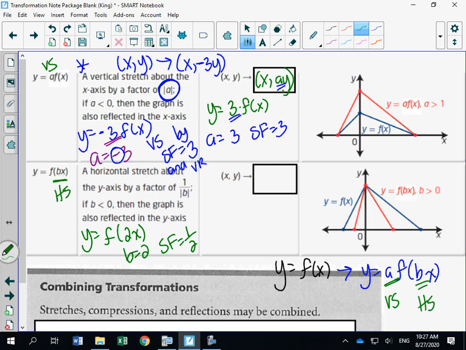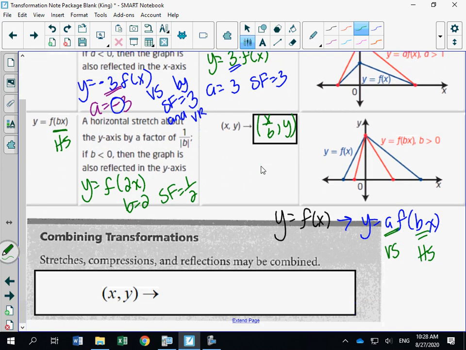The mapping is x comma y to x over b comma y, so it affects the x coordinate. Basically, you multiply the x coordinate by whatever the stretch factor is, so x over b, which is 2, or 1/2 times your x value.